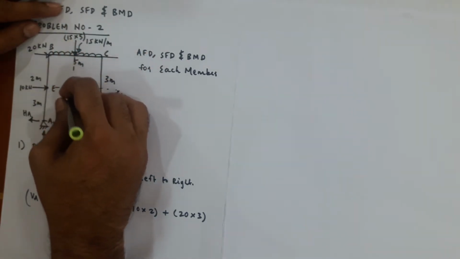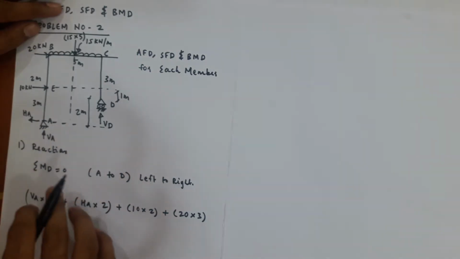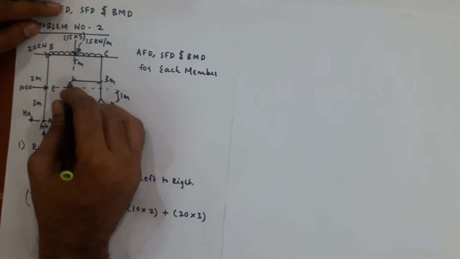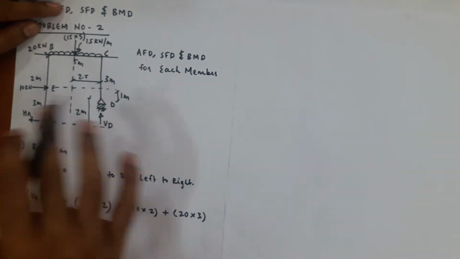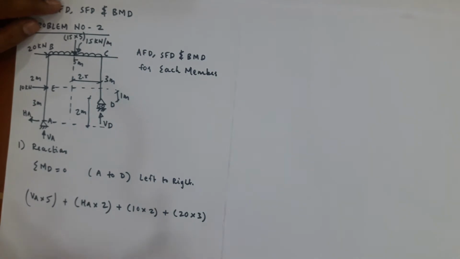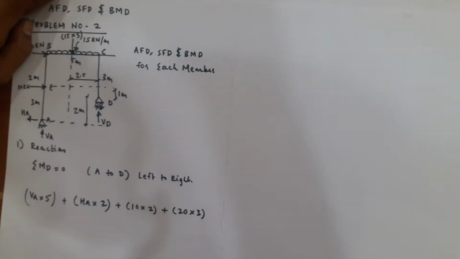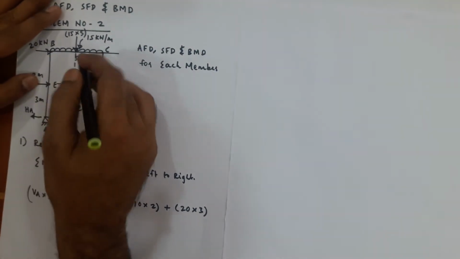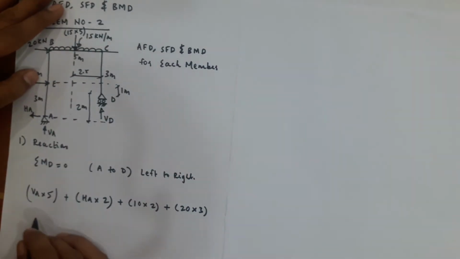This is the line of action of the total load, and the perpendicular distance from D is 2.5 meter. This total load of the UDL is creating anti-clockwise moment.